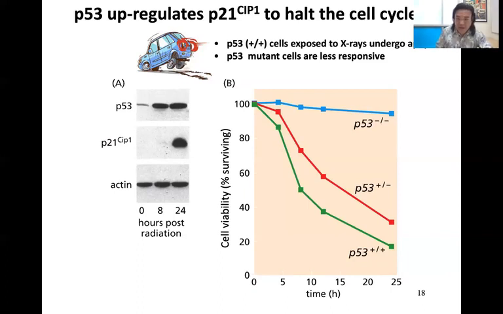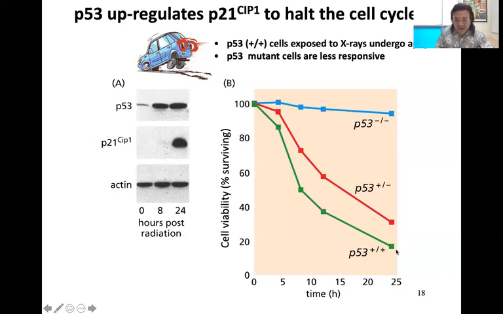So if it's wild type p53, this is what you see. Time in hours following the exposure of this high dose of X-rays, and then on the y-axis, you're measuring the percent of cells that are still living after said time, out to 25 hours. And what you see is that the wild type p53++ cells do the right thing, right? They undergo apoptosis.